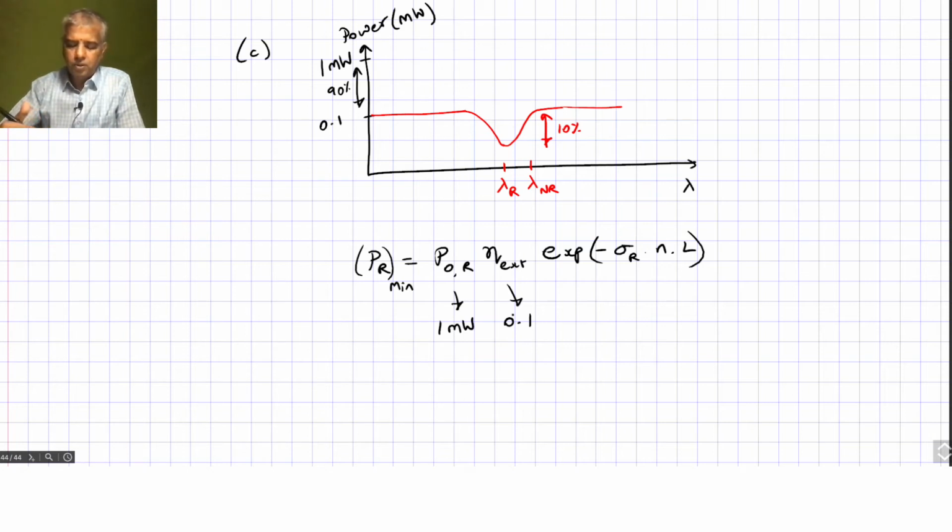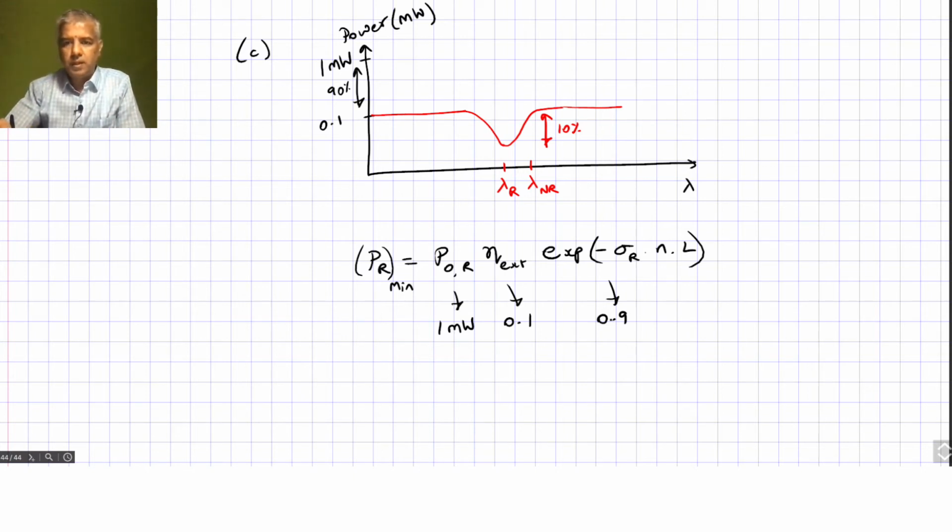And then of course we have been told that the maximum absorption corresponds to 10% of whatever power is available. It's 10% of 0.1 milliwatt in this case, and so that is, no, it's not 10% of 0.1. So this is the other important thing. This 10% is the deviation that we are having from the power level of 0.1 milliwatt. So this factor corresponds to actually 0.9.